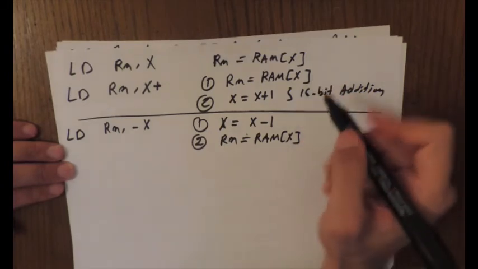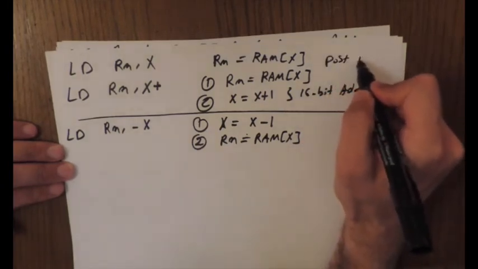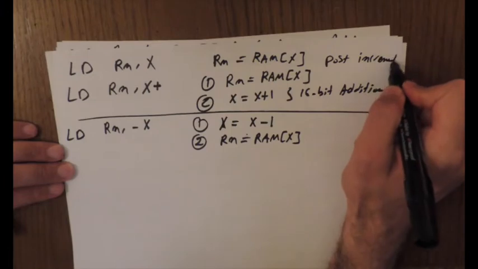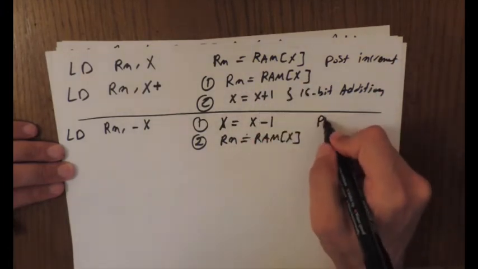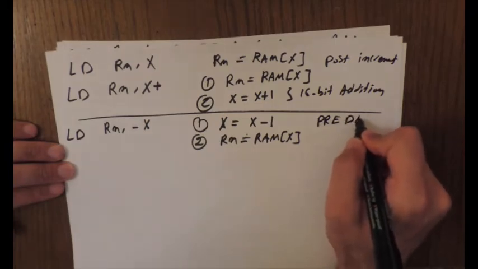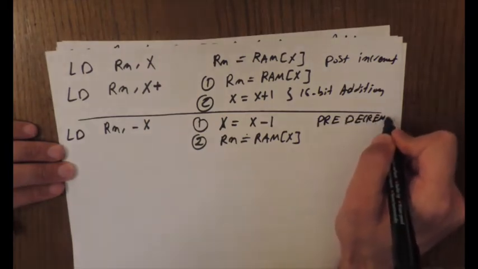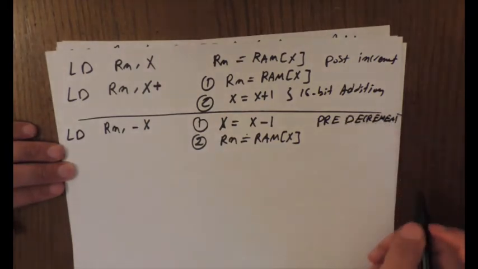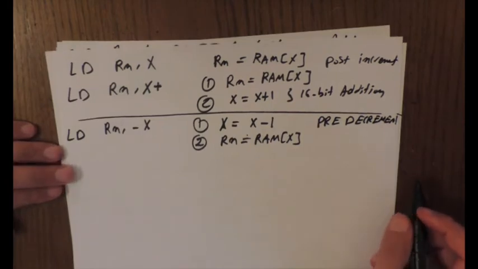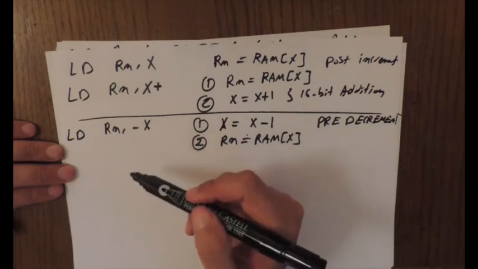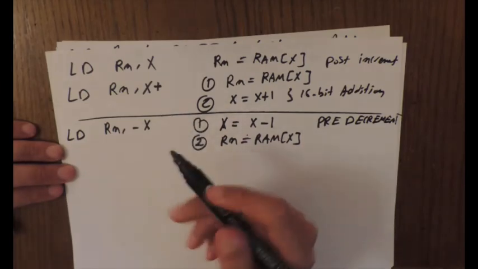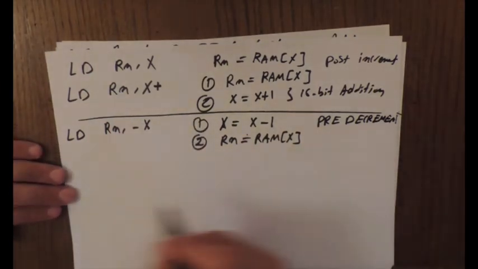You see here, this is post-increment, so we're doing the operation first and then we're incrementing. This is pre-decrement. Of course, this works for x, y, and z, all of them. So we have post-increment and pre-decrement.